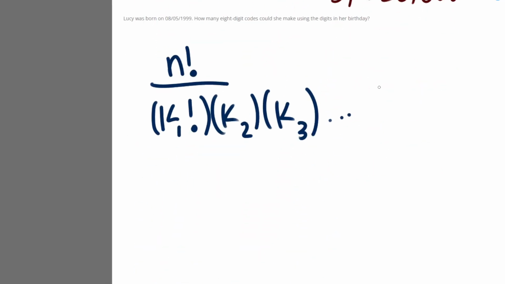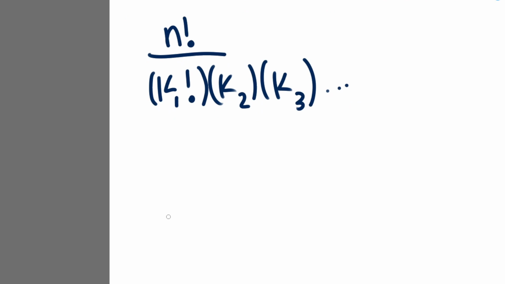And then for this one, it's saying Lucy was born on 08/05/1999. We sort of talked about this already, but now we can put it into motion because there were a few things that were probably a little bit confusing. So we have 8 different numbers. We have 08, we have 1, 2, 3, 4, 5, 6, 7, 8.